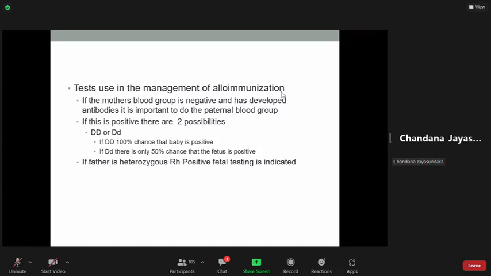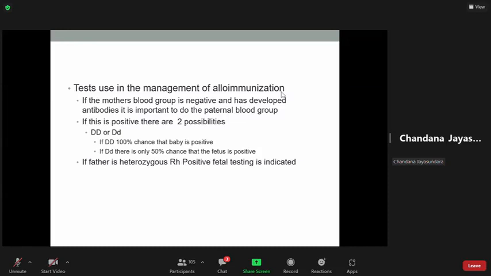Once we find out that the mother's blood group is negative and the mother has developed antibodies, it is important to do the paternal blood group, right? Now, when the mother is Rh negative, then we have two possibilities. The baby can be either Rh negative or Rh positive.